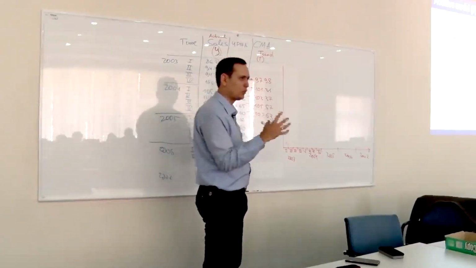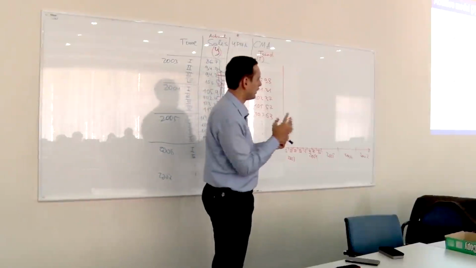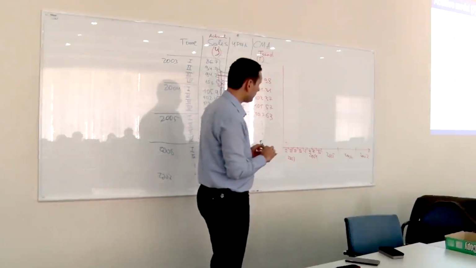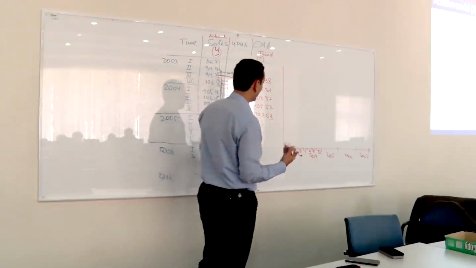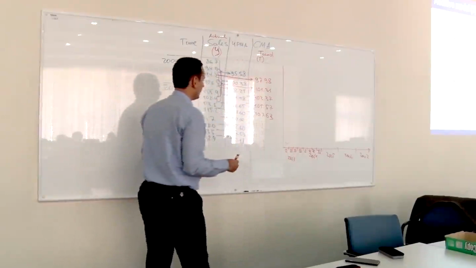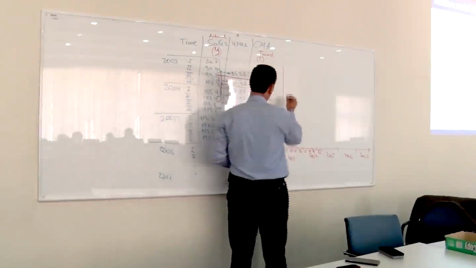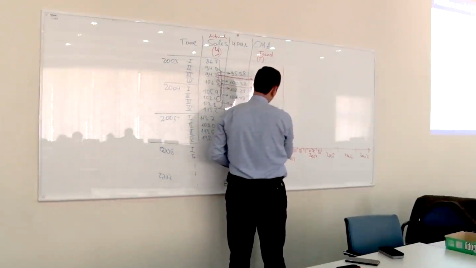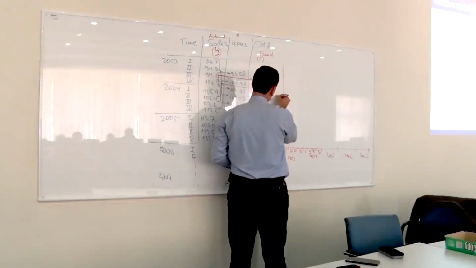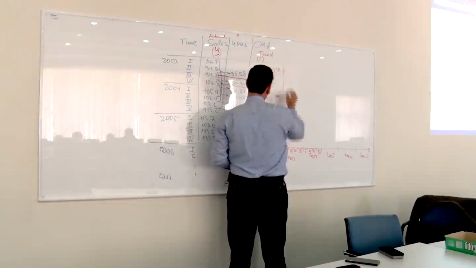There was a big formula that was very hard to derive. In this case, we are using just a trend line, and we're just drawing it visually. Let's say this is 50, this is 100, this is 150.